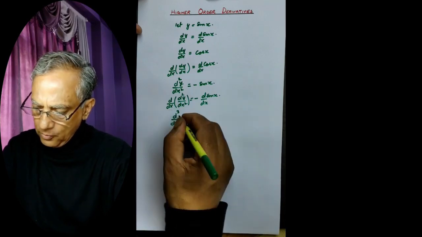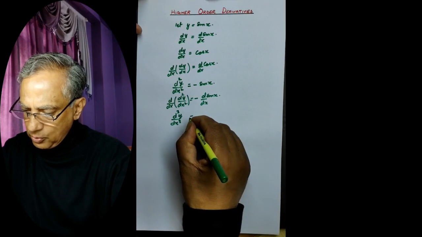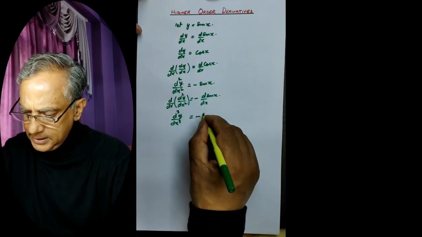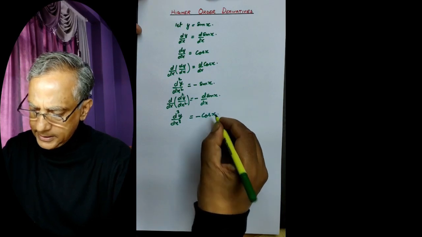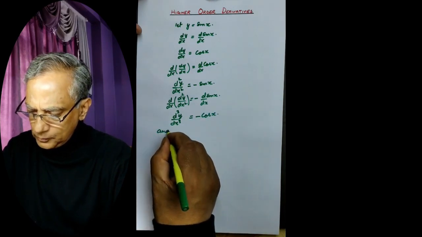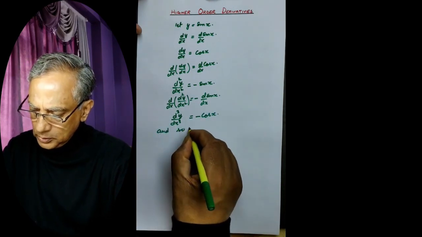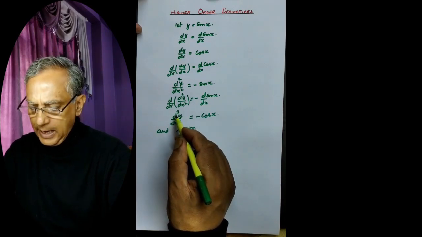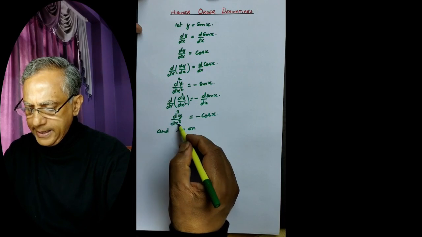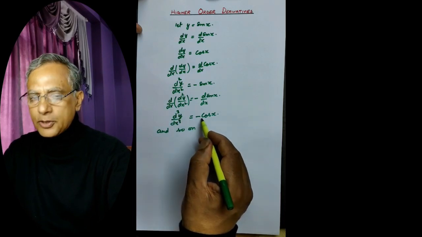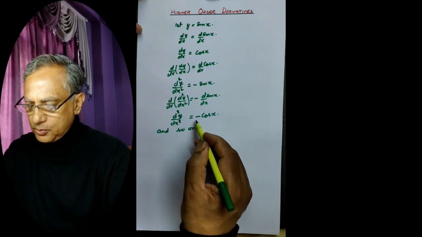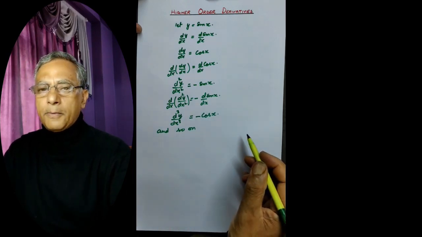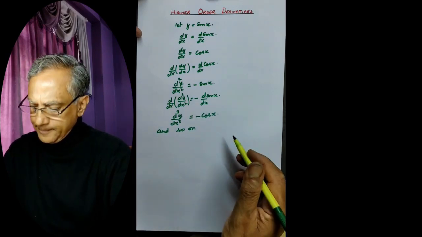This is equal to, now d by dx of sine x is cos x, so this is minus cos x, and so on. If I differentiate it again with respect to x, we will have d4y by dx4 as the differential of minus cos x. The differential of cos is minus sine, so this will be sine x, and you can obtain higher order derivatives.